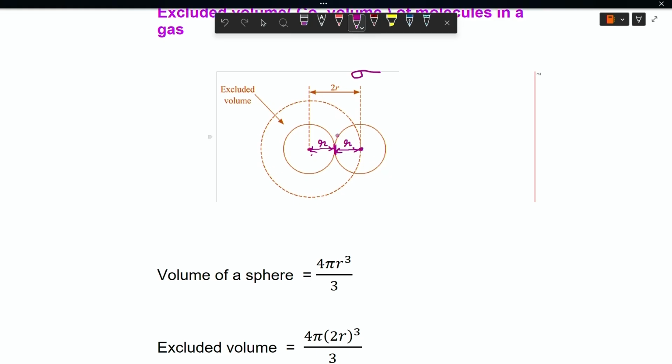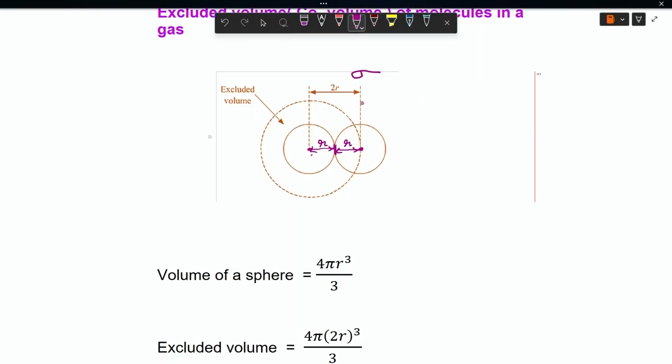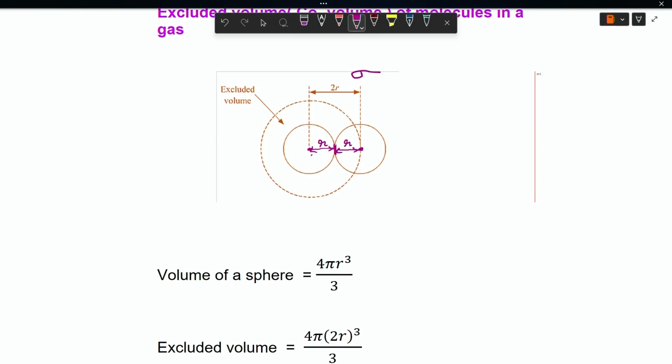This region is known as the excluded volume for two molecules when they collide. When two molecules collide, you cannot approach into this region from any direction. So a sphere of radius 2r is the excluded volume for two molecules to come together.